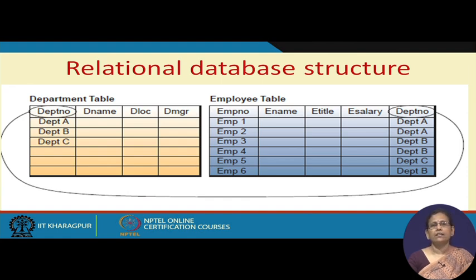And the entities and relationships in a database can be put in various ways, and the structure of the database is made accordingly. For example, there can be a network kind of database, but most databases are actually relational databases, which put the data about the entities and their relationships in the form of tables. As an example here, the relationship between the department and the employee can be established.